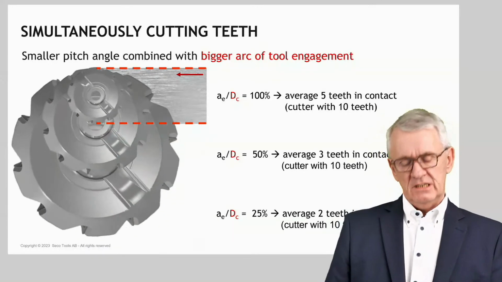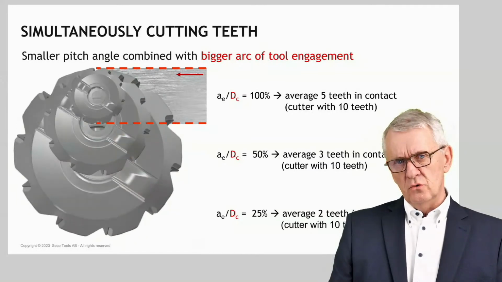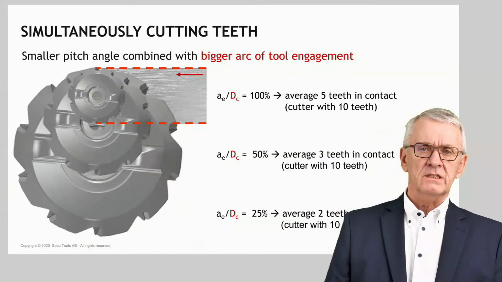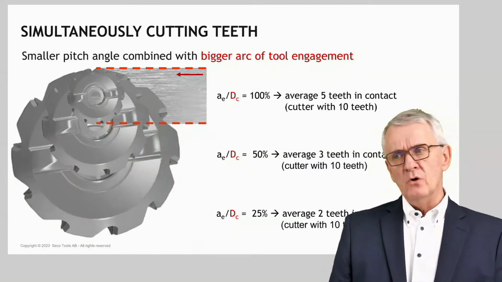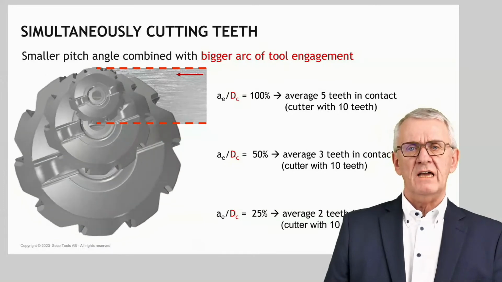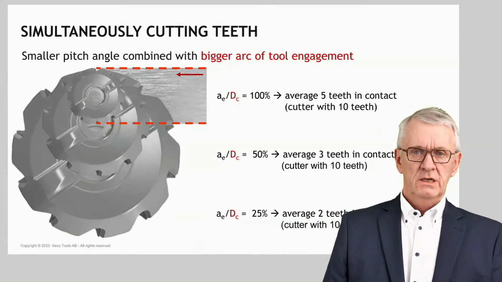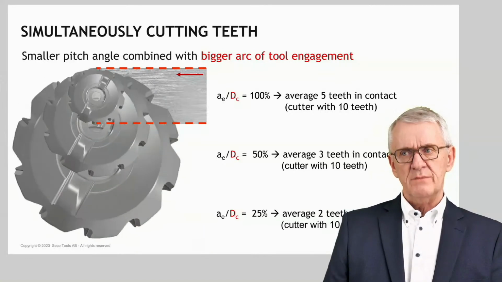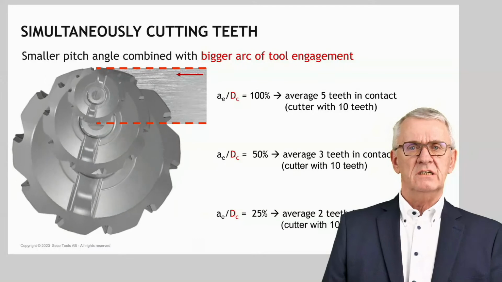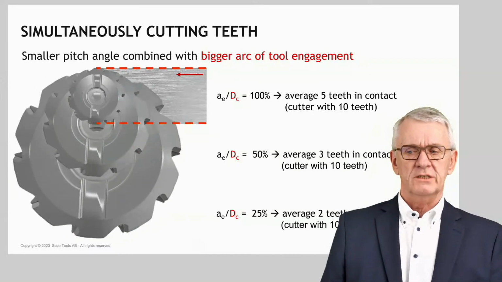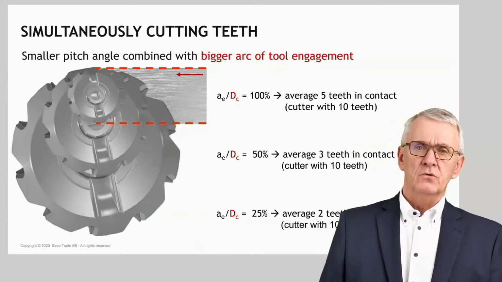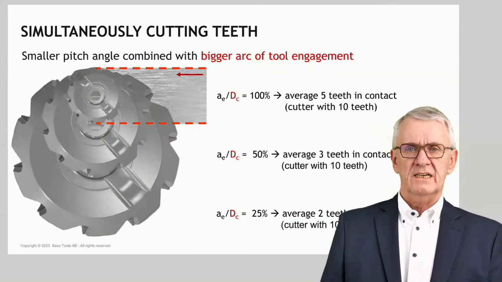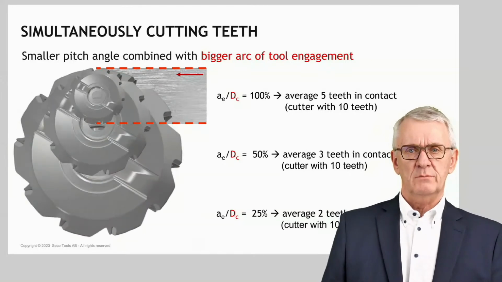If you reduce the diameter of a milling cutter, you will have more teeth in contact at the same time. In both cases, we play with AE/DC ratios. In general, having a lot of teeth cutting at the same time means that the AE/DC ratio should be as close as possible to 100%. If you go away from that, be aware that you can end up with some issues with vibrations and so on.